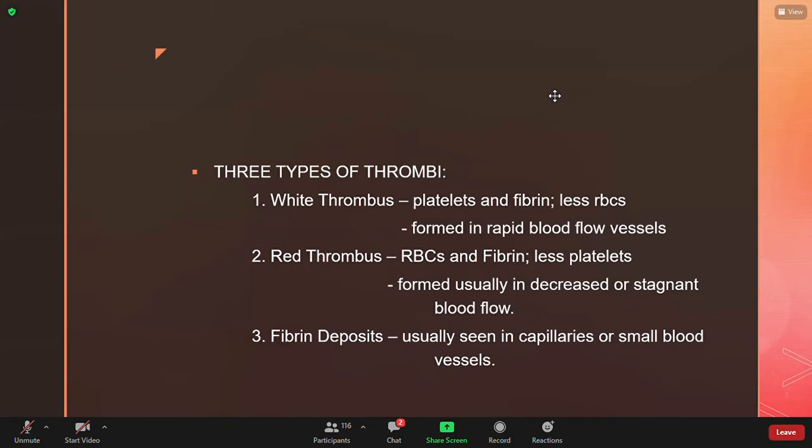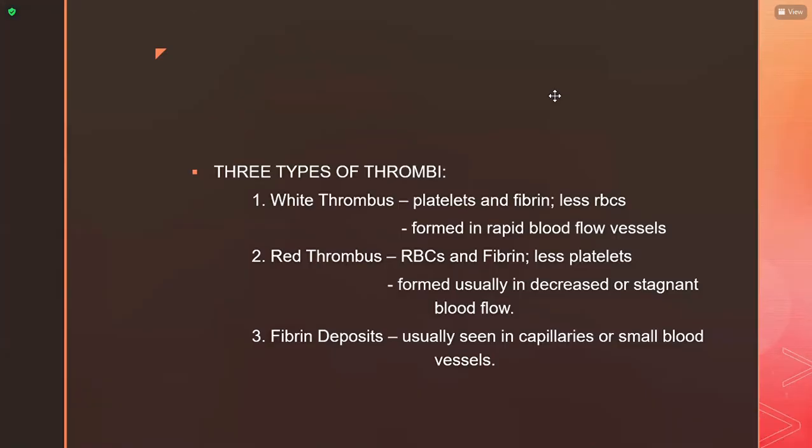Kung meron kang nasugatang artery, very fast ang blood flow dyan, you will have a white thrombus composed of platelets and fibrin, of course, but less RBCs, kasi fast flowing yung RBCs mo dyan, kasi artery. Now, if your vein is injured, magkakaroon ka ng red thrombus.